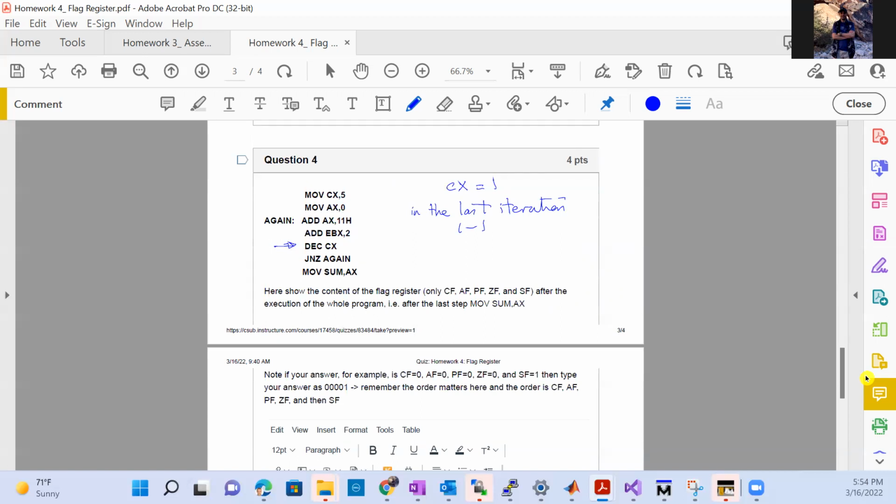So let's do it. CX is 16 bits, so 0000000000000001. And you are decrementing CX, subtracting 1 from this. Again, you should write the value you decrement in 16-bit format like this.